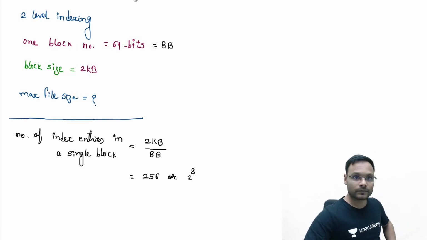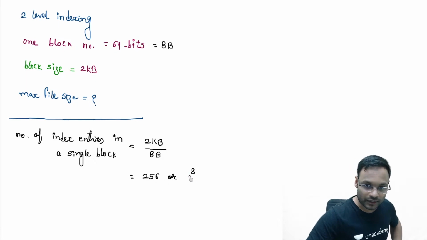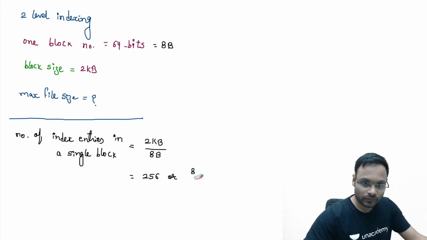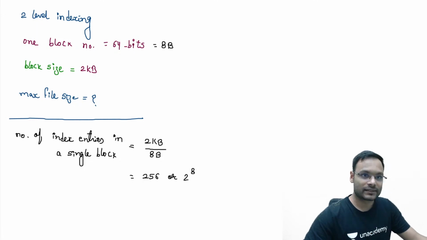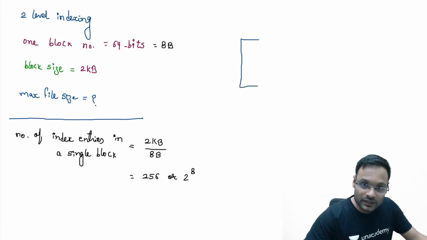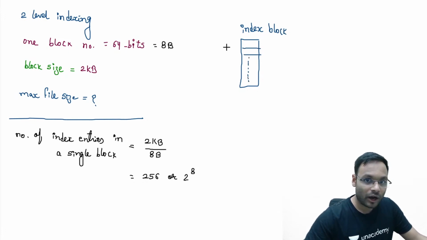Okay, fine. Let's move ahead. 2 power 8 entries you can keep. Now look at this. You will have a first level index block. That index block has how many entries? 2 power 8 entries.